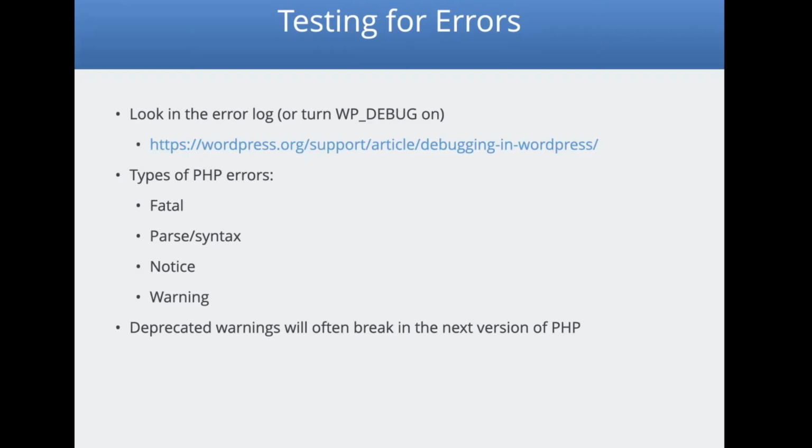And if they're not fixed, then the next version of PHP could break your site. So what I see a lot is deprecated warnings. That's kind of a clue that this code or this plugin is working now, but when you upgrade to the next version of PHP, it's not going to work.